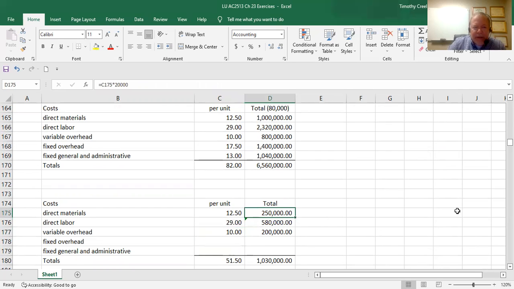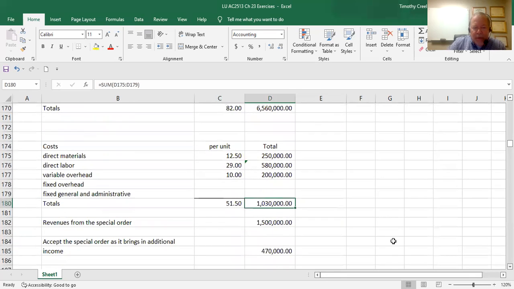And so what we would do here is we would take the 20,000 times the direct materials cost to come up with our total cost of direct materials. And then we'd take the 20,000 times the direct labor and we'd get our total cost here, and take the 20,000 units times the variable overhead to get our total variable overhead cost. We add it all up and our total cost to do the special order would be $1,030,000.